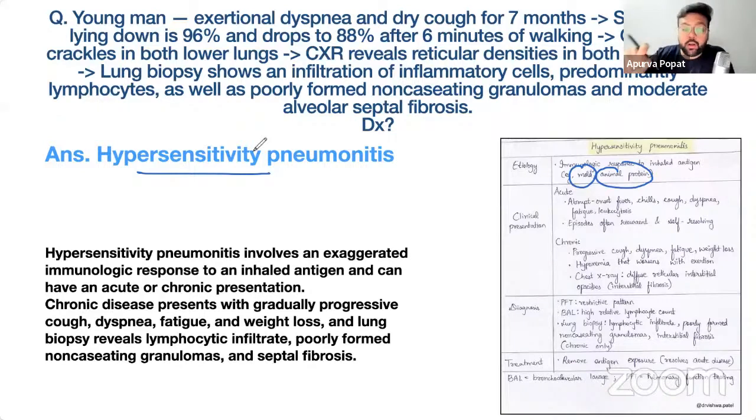Now, very important, when you are sitting in your outpatient department and you want to diagnose hypersensitivity pneumonitis, do not say, just because you are living near the birds, you have hypersensitivity pneumonitis. If you remove the patient from that exposure, their symptoms should go away. Then and only then can you make a diagnosis of hypersensitivity pneumonitis. And you send the patient for ANA. Do you think the ANA will be positive in hypersensitivity pneumonitis?